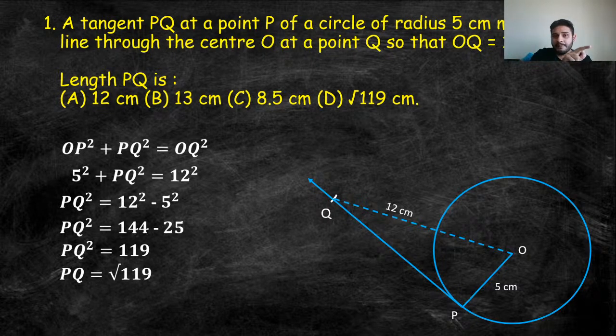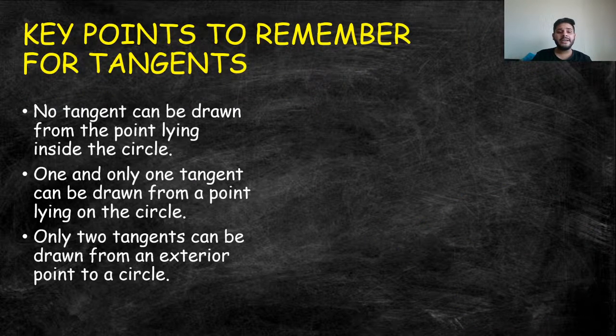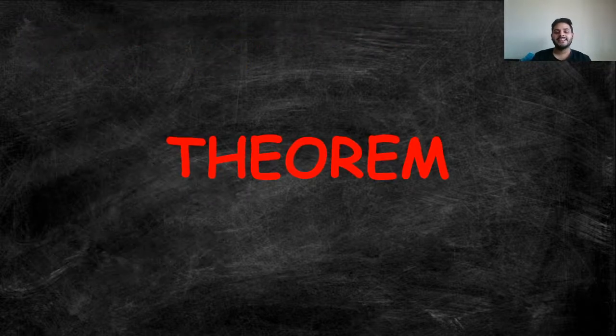No other tangent can touch the circumference or the edge of the circle from that point. Third point, only two tangents can be drawn from an exterior point to a circle. Now I'll be explaining this third point with the help of a theorem which will be coming in the following slides. Which will be the next theorem?